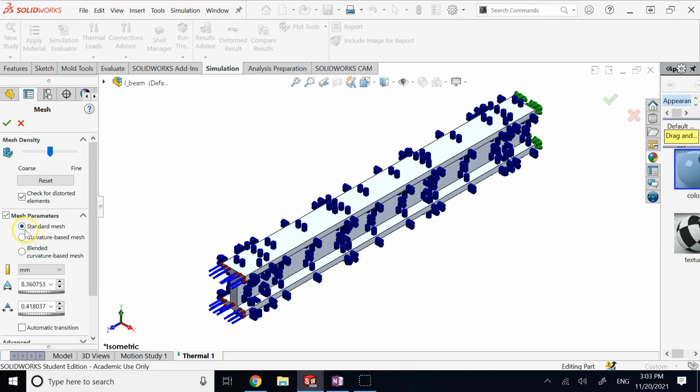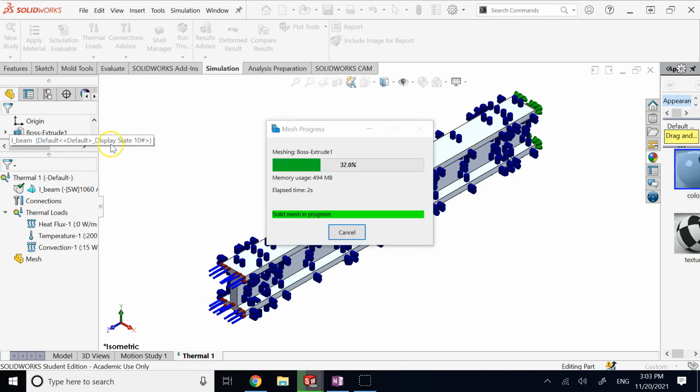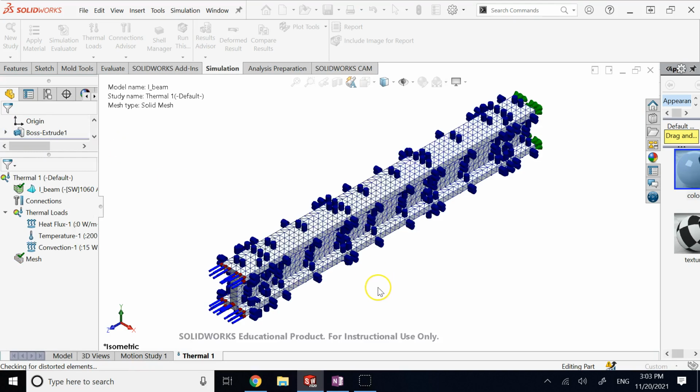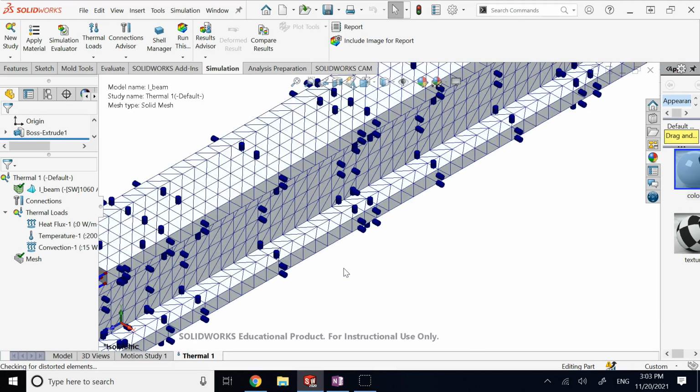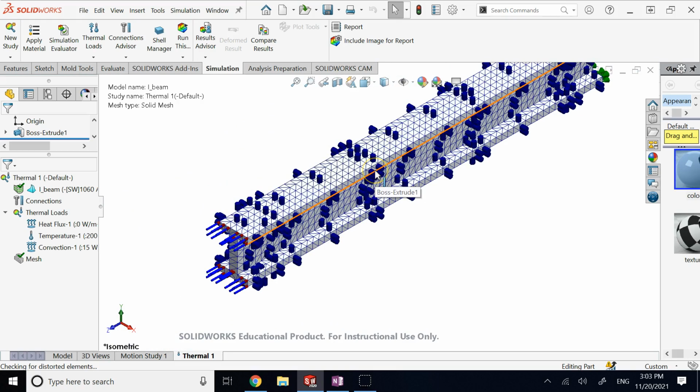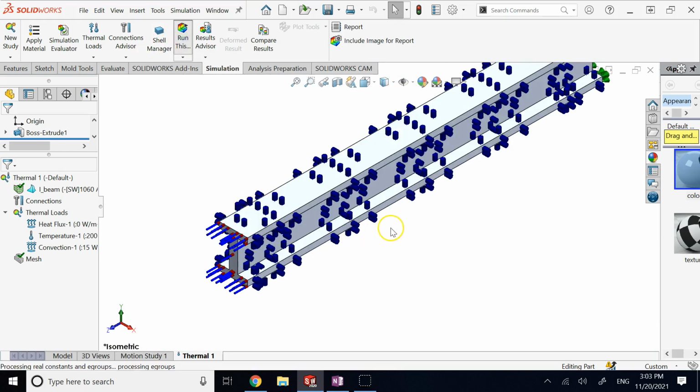So you have all the options. So here I just leave it simple, medium density of mesh and standard mesh, not curvature, because specifically here the part has flat sides, and then it does mesh it, and you will be able to see the mesh. If the mesh is not fine enough, you can go ahead and redo the mesh and then run the study.